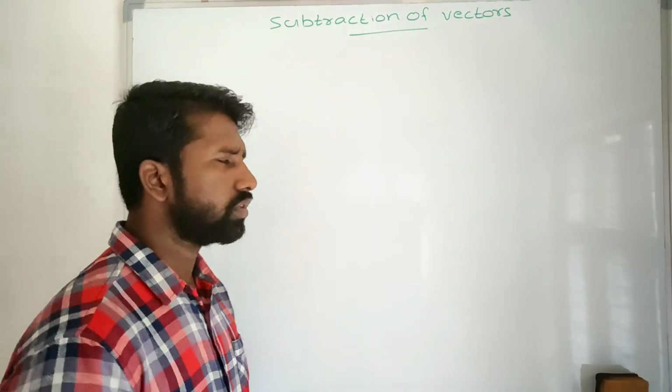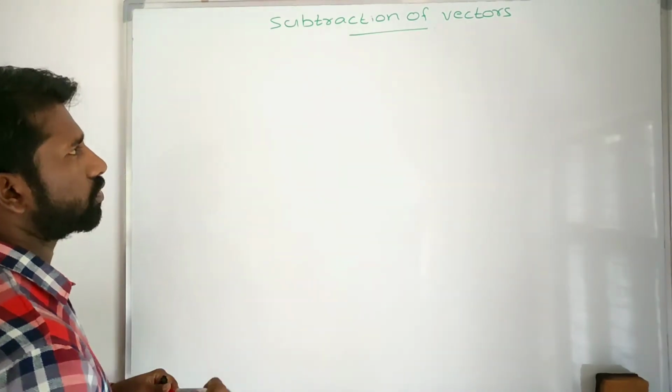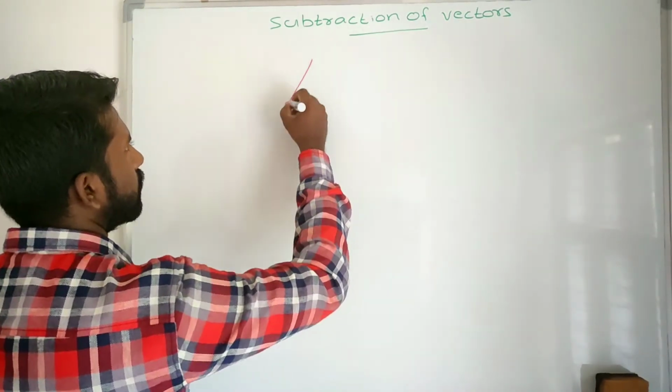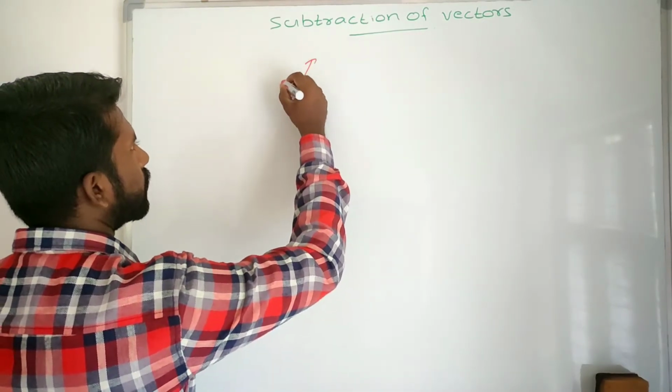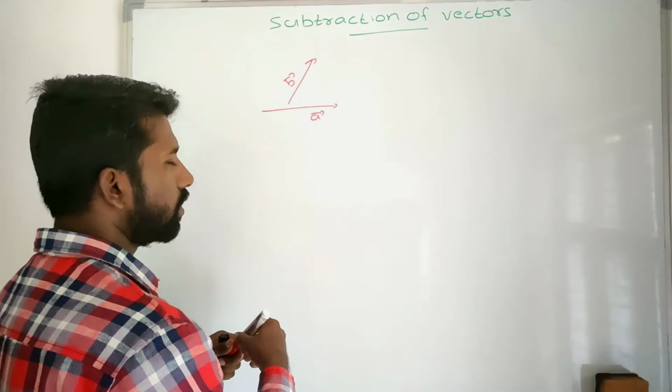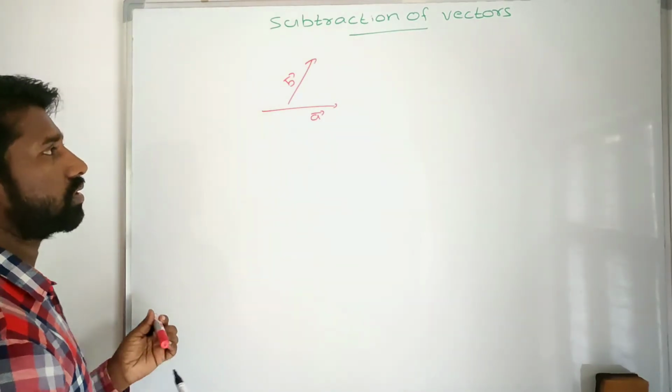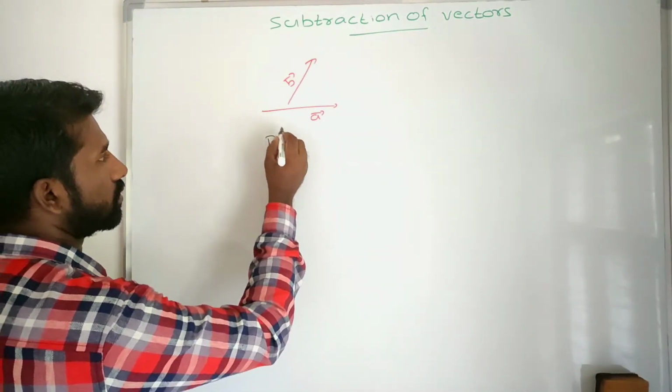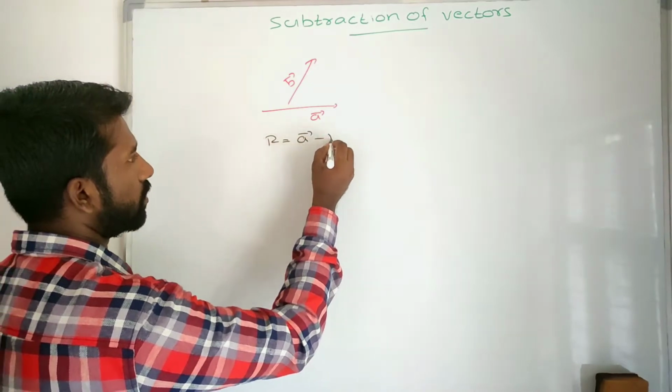Okay, so I am going to consider two vectors. This is the B vector and this is the A vector. I need to find out the resultant, that is A vector minus B vector.